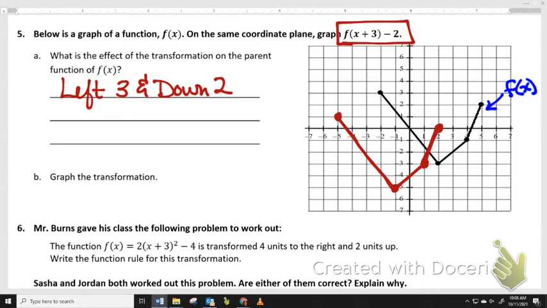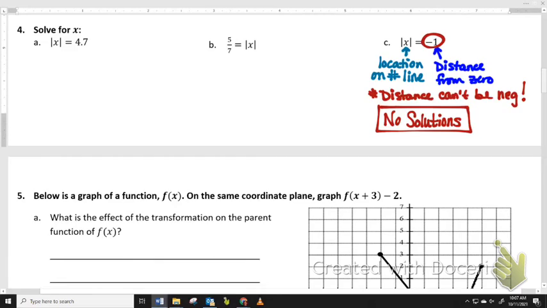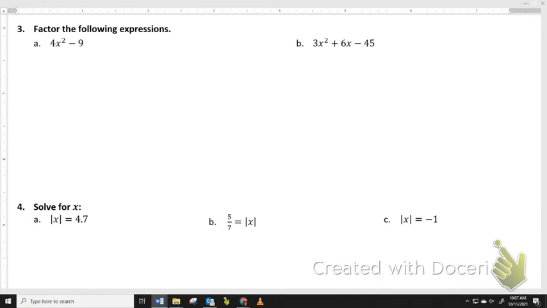So I forget how to factor. Let's go back to number 3. We've had a question about number 3. All right. It says factor. General form, ax squared plus bx plus c.